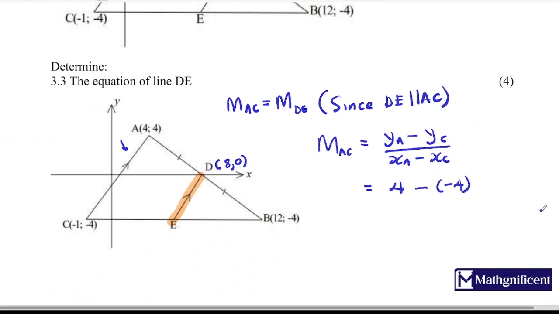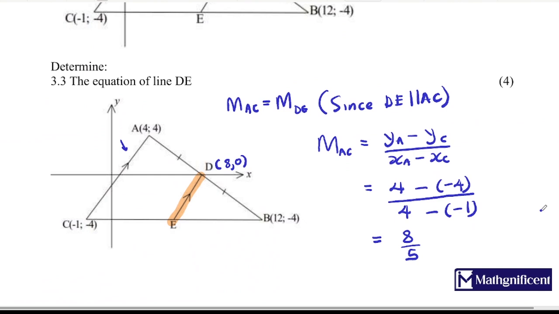Then the x value of A is 4, and the x value of C is -1. Now you can see 4 minus -4: we are going to have a positive here, so it's more like 4 plus 4, which gives us 8, since negative times negative gives us positive. Here we have 4 minus -1, so negative times negative is positive, so we have 4 plus 1, which is 5.